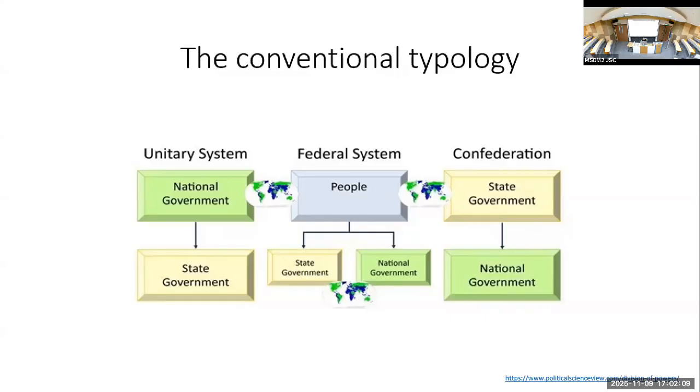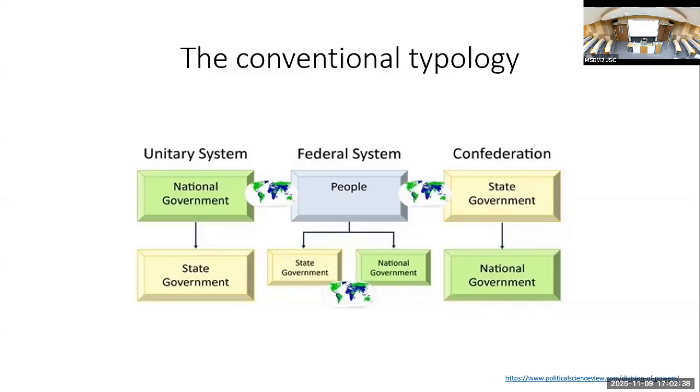The closest we can draw from is probably the European Union. That's a supranational body. But you can think of it as a confederation because it has 27 member states, and every member state still has its national government. And between the national government and the EU establishment, the national government is much more powerful.